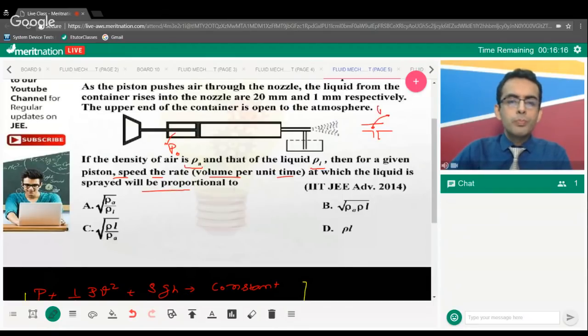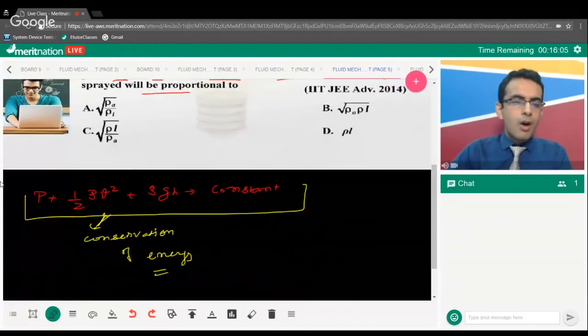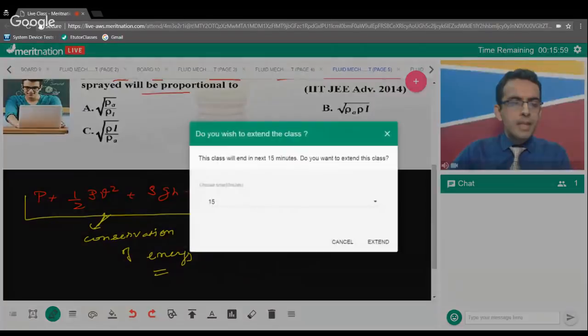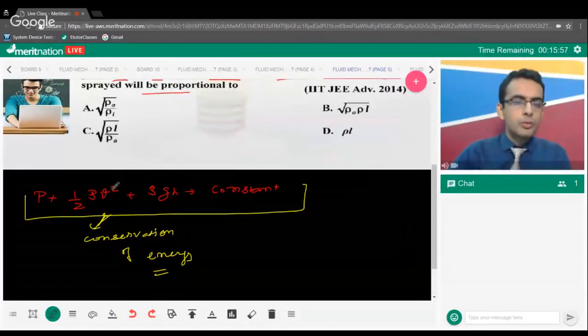It will be equal to P naught minus half rho V square. Students, right now I'm just telling you the basic formula, or the theorem, that P plus half rho V square plus rho GH is a constant value.